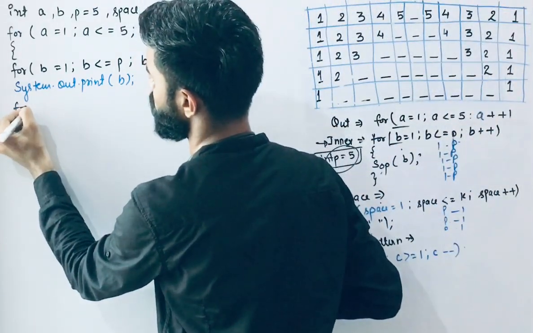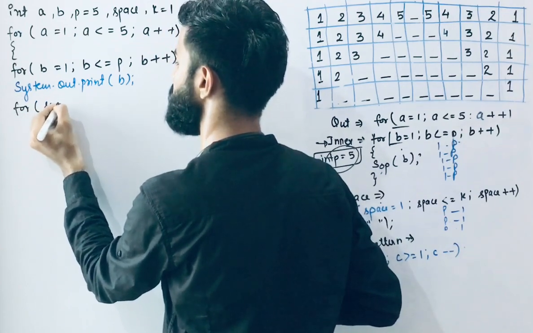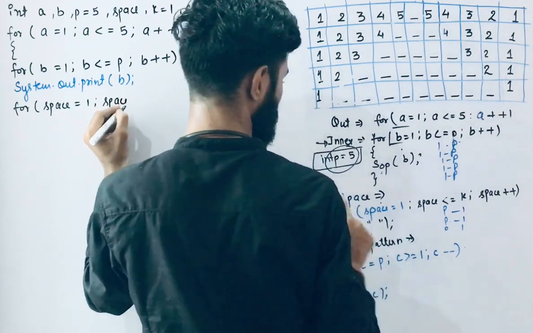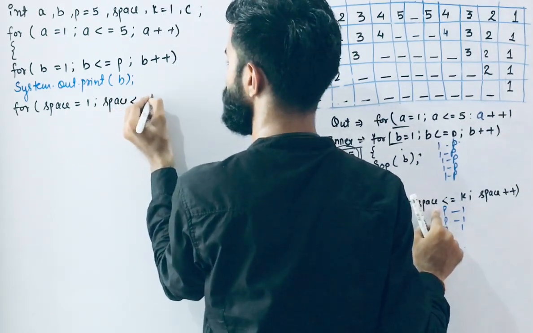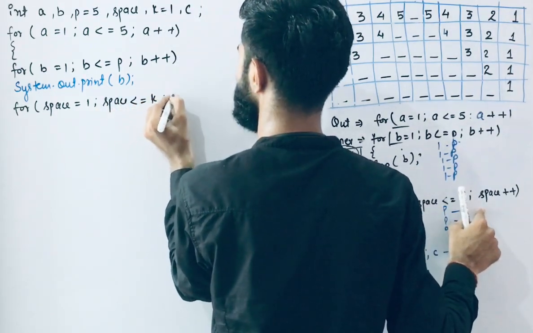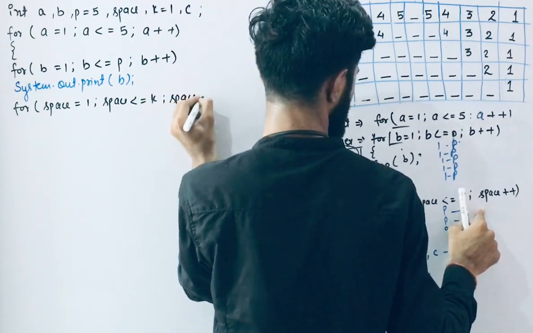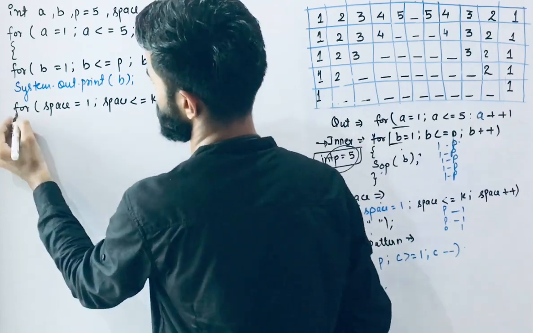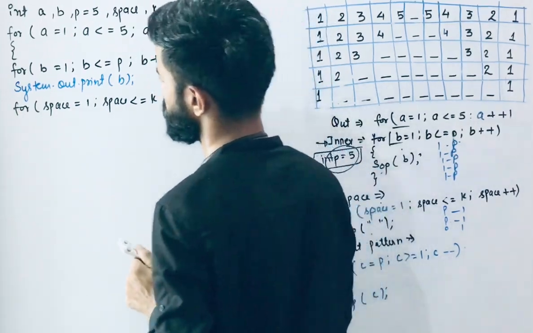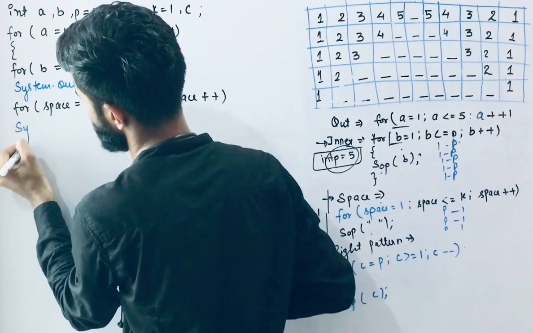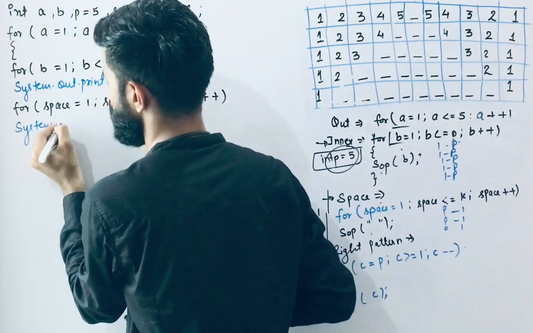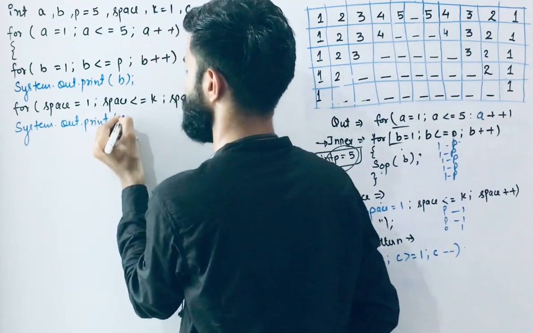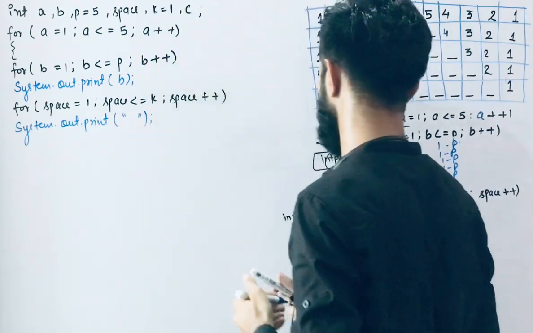So I'm writing for space equal to 1, space is less than or equal to k, and then space plus plus, and then what we print is space. System dot out dot print, and then spaces are there.